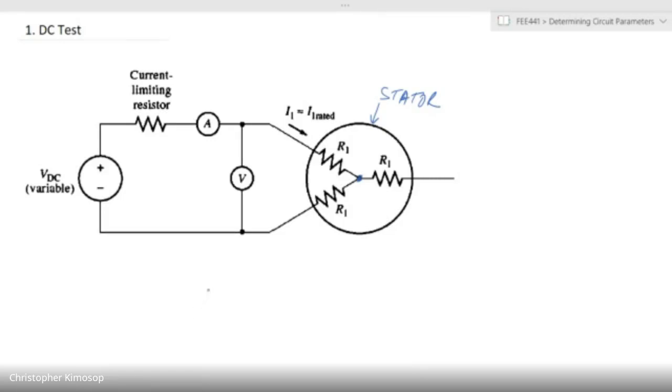The supply is given through one of the windings and out one of the other. Let's call this winding A, this winding B, and this winding C.